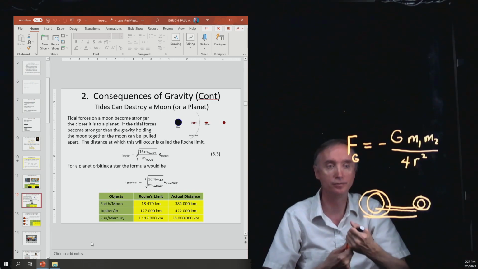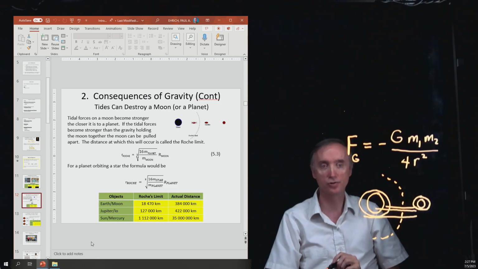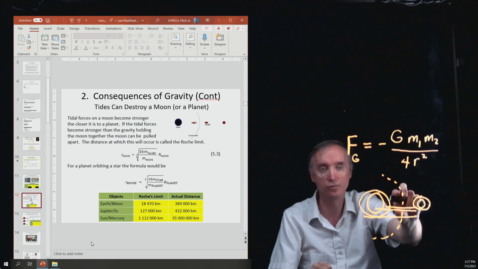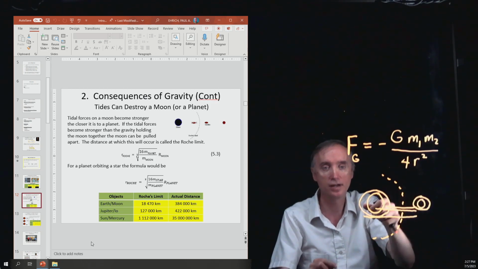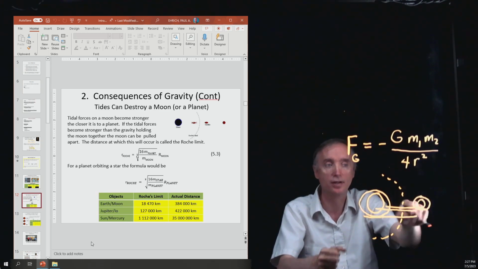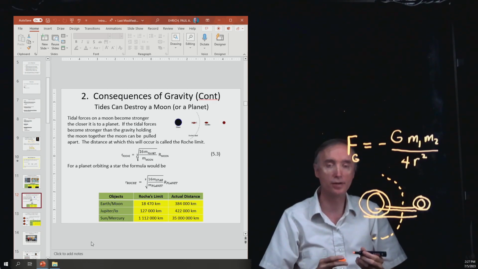There's a limit called the Roche limit. So let's say that that's the Roche limit. If this moon gets any closer than the Roche limit, then the gravitational tides would stretch that moon so much that it would pull it apart. Okay, you don't need to know about the formulas for the exam, but you do need to know what the Roche limit is.